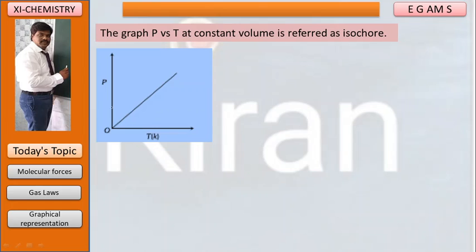At this particular pressure, this is the temperature; when pressure increases, temperature increases. This is moving towards this direction. So pressure and temperature are always directly proportional to each other.